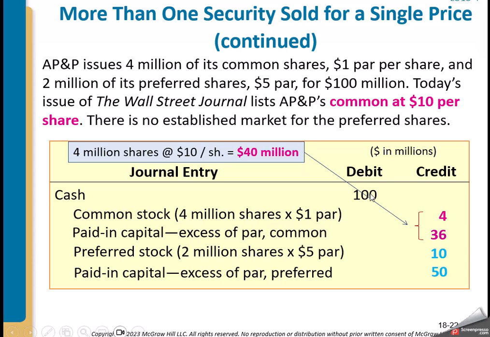So the cash comes in, $100 million, and then we're going to split it.